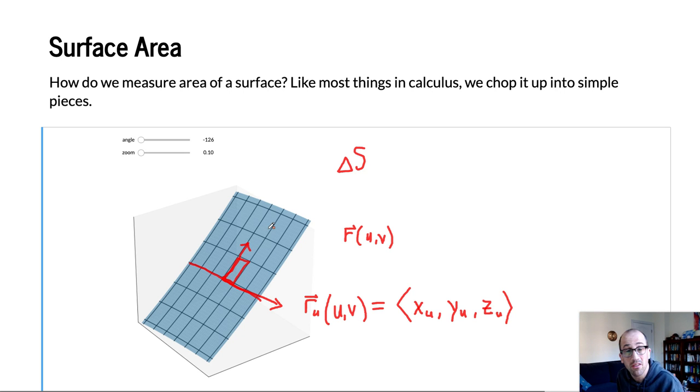I have another tangent vector in the other direction by fixing u now and letting v vary. I can take its derivative, and you'll guess what that formula is. There's no mystery to it. So this is another function at each point u and v. I can get this vector, and it's just the other partial derivatives: x_v, y_v, and z_v.